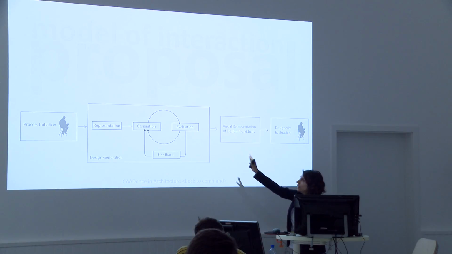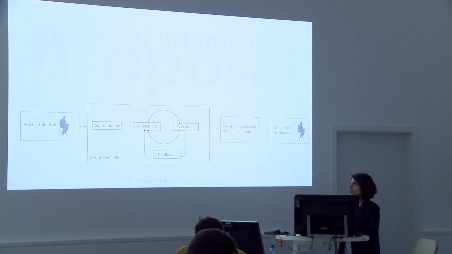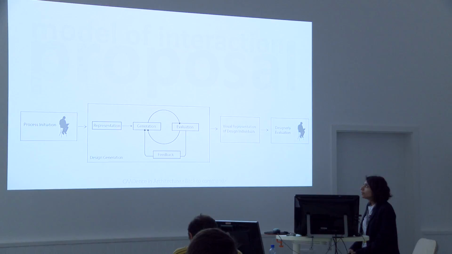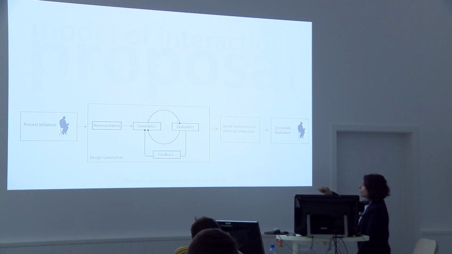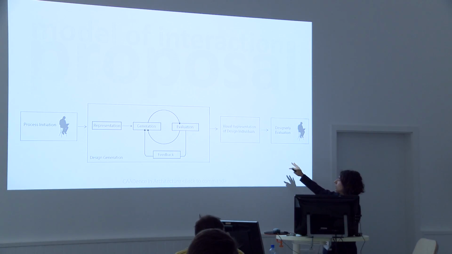Up until this part, it is okay. The designer stands at the beginning of the process. But the thing we would like to express is that the designer cannot penetrate, visually, throughout this generation process. Therefore, to facilitate visual integration of this designer throughout this process, we are posing the visual structuring methods here, visual representation of design individuals.